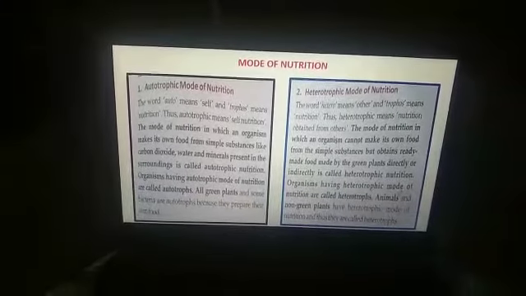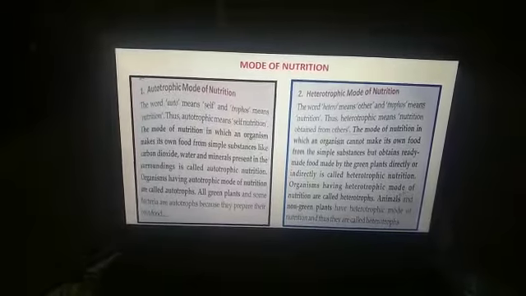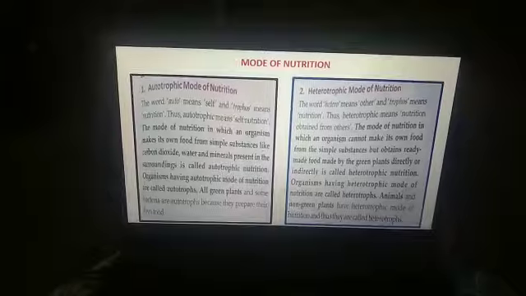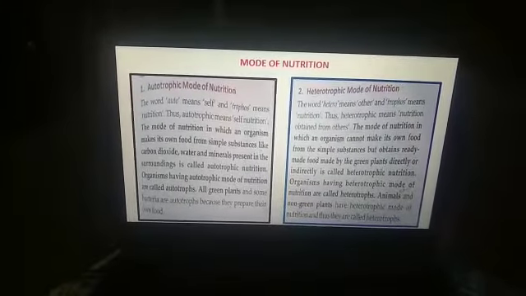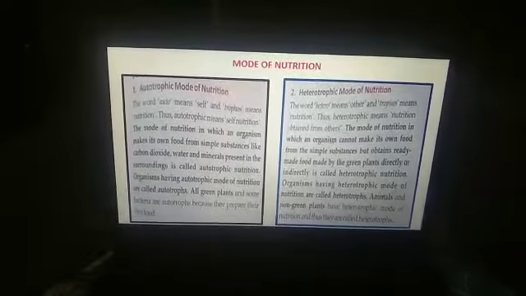Now, the mode of nutrition exhibited by autotrophs is called the autotrophic mode of nutrition. So, children, basically all the green plants and some bacteria are autotrophs because they can prepare their own food.